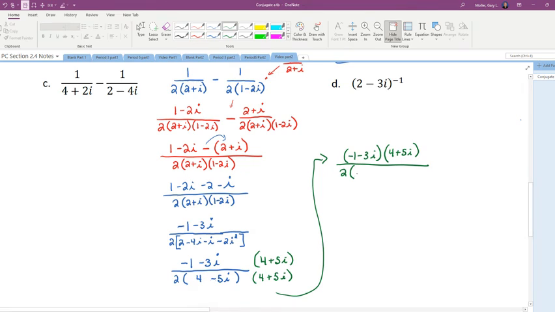I'm going to get a 16 minus, but that's going to turn into plus. 5 times 5 is 25. Negative times positive is negative, but the i squared turns it back to positive. So this becomes plus 25.